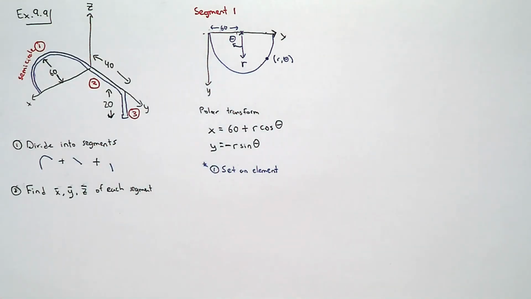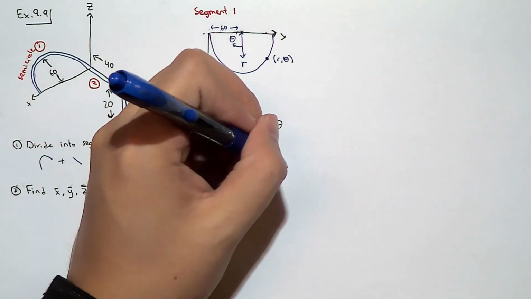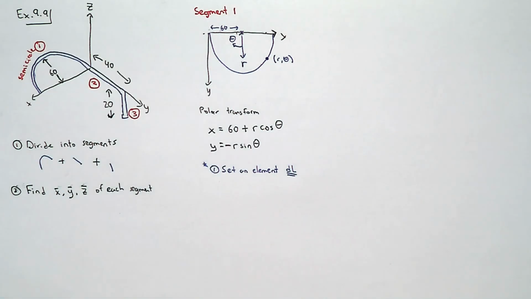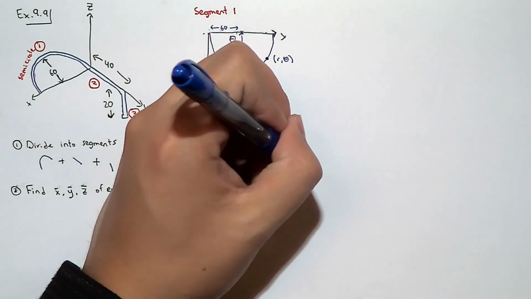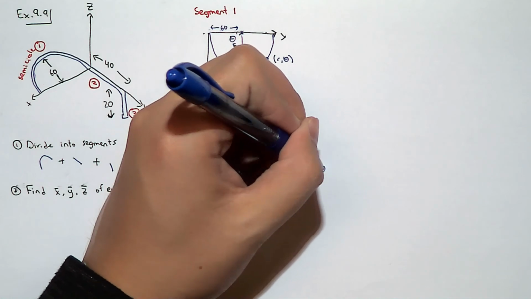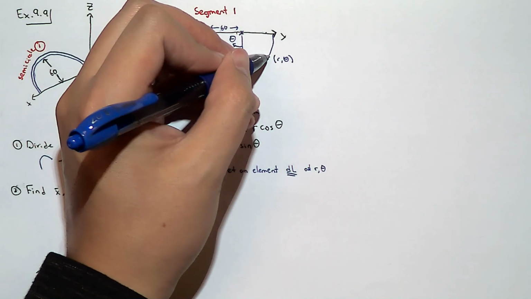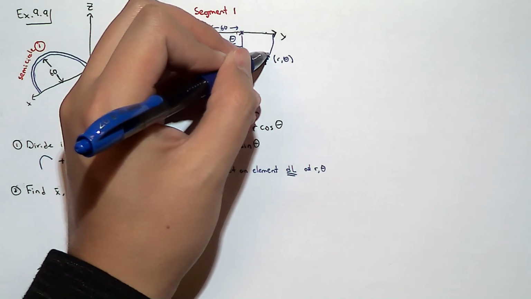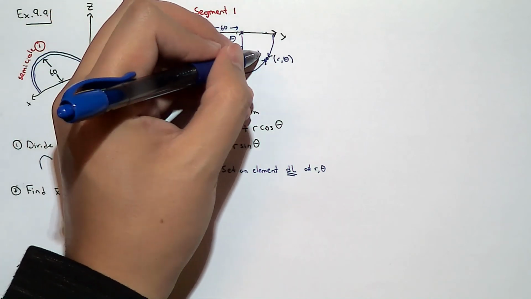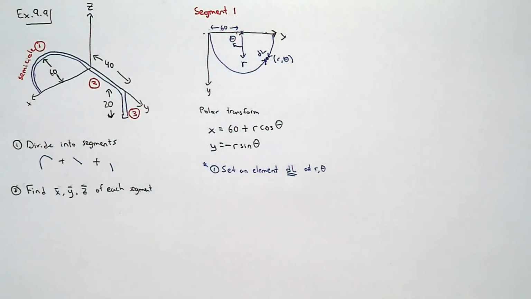In 2 dimensions, it had an area dA. This is a one-dimensional wire. So what do you think the element will have? dL. A length dL, right? So a differential element dL. And the differential element dL can be located at any arbitrary point r theta. Now, I already drew an arbitrary point r theta here, so I'm going to say that my element is here. This is my differential element dL. It's really, really small, has a length of dL, located at r theta.